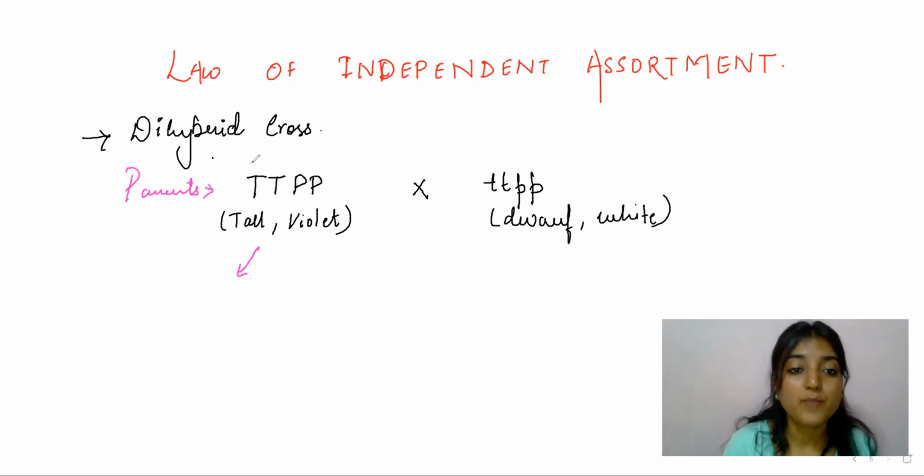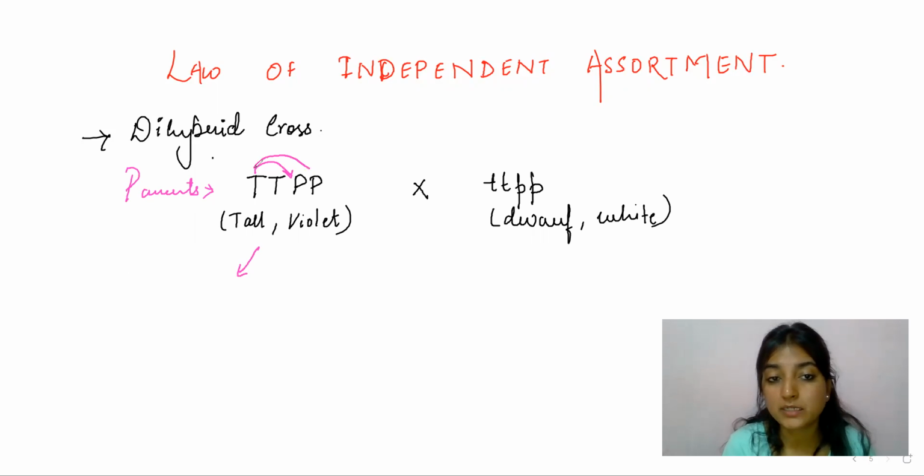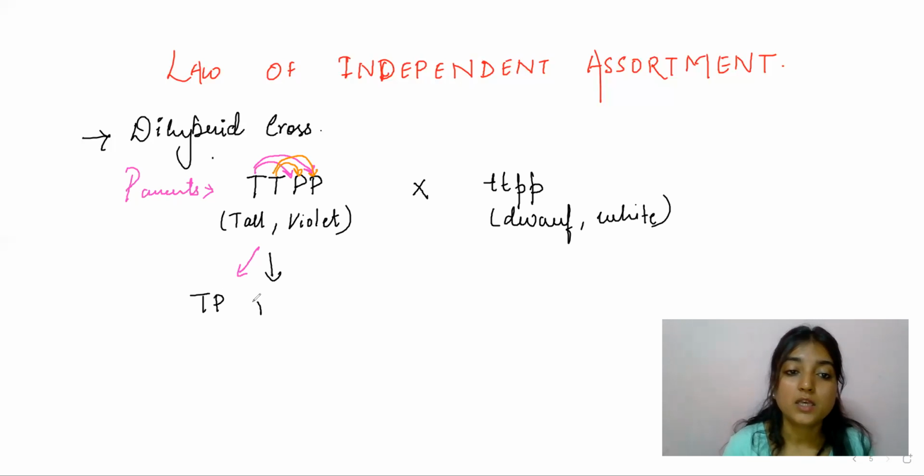Now we will make gametes. So how do you make gametes? This capital T is crossed with this capital P, then this capital T is crossed with this capital P. Again this capital T with this P, and this capital T with this P. So we will obtain four gametes: TP, TP, TP, TP, all the same.